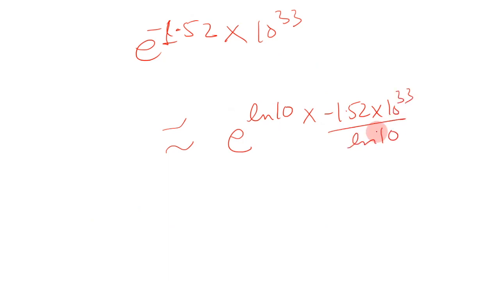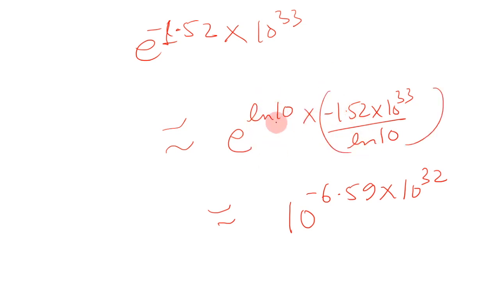Using the property of logarithms, you can write this as 10 to the power minus 6.59 into 10 to the power 32. Of course you can write this quantity in the power, and e to the power ln 10 is nothing but 10 only. So this is our answer.